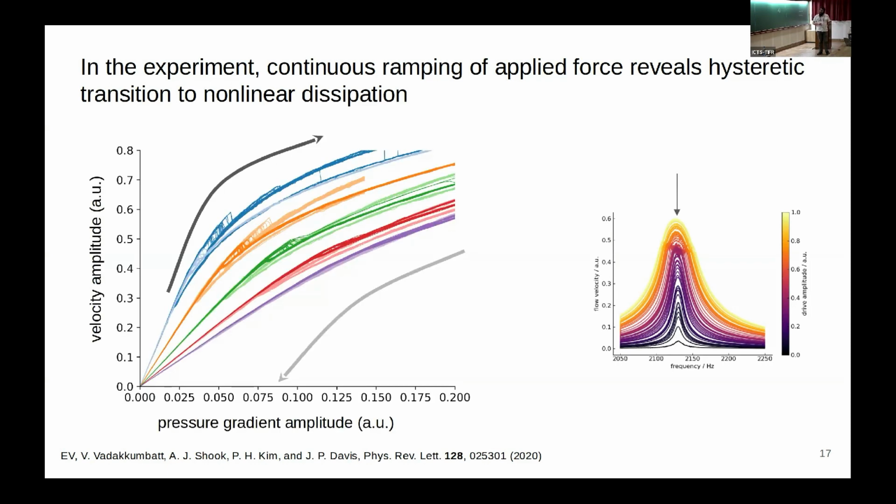And what we see, as you could guess from these peaks, is that at low velocities we see a linear scaling, and at high velocity something happens. These curves show the velocity amplitude, the position of the peak, as a function of pressure gradient amplitude, going up and down.